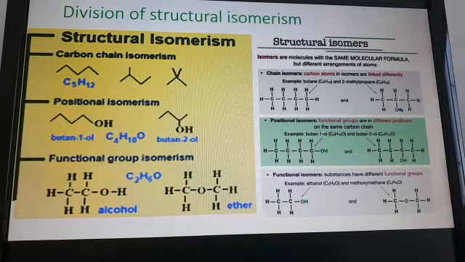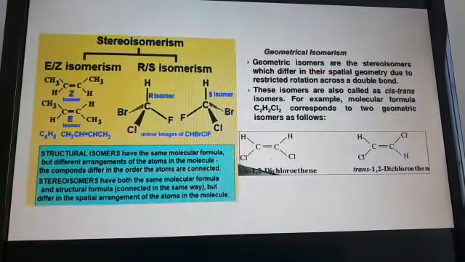structural isomerism. Next one is stereoisomerism. Stereoisomers are very closely related to each other. They contain the same atoms bonded to one another, and the bonding and the functional groups are identical. But they differ only in the way the atoms are arranged in three-dimensional space, that is stereo, three-dimensional space.